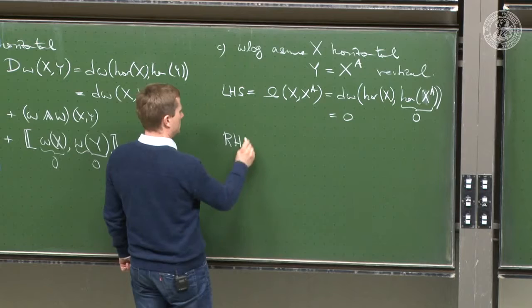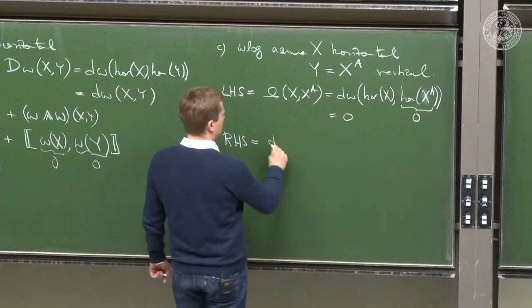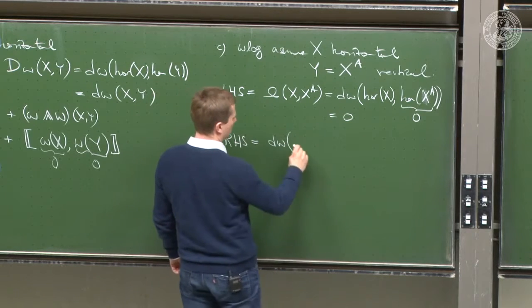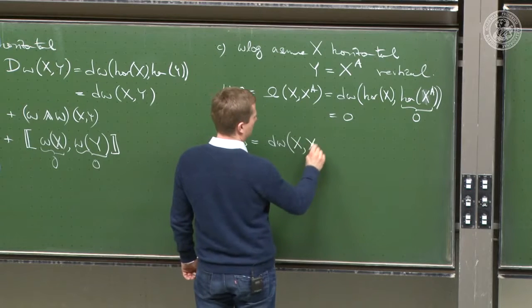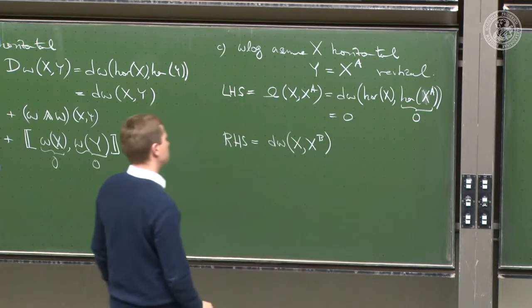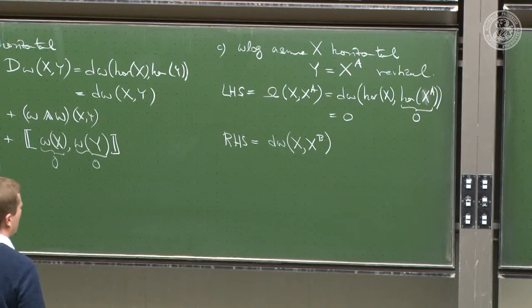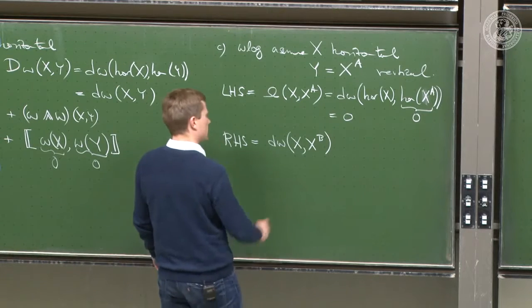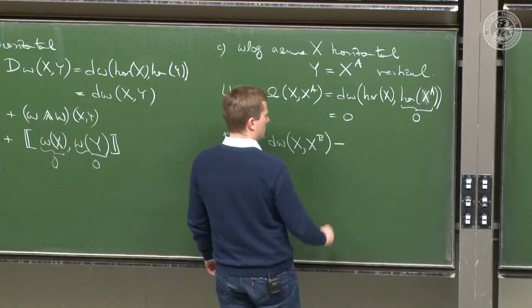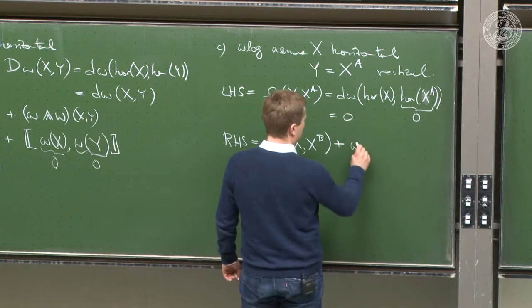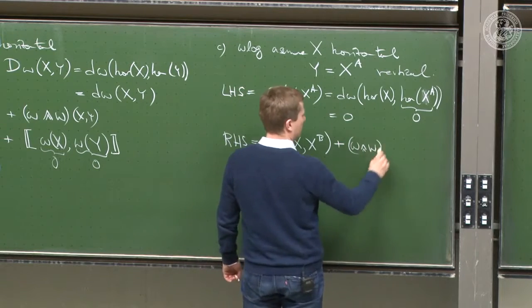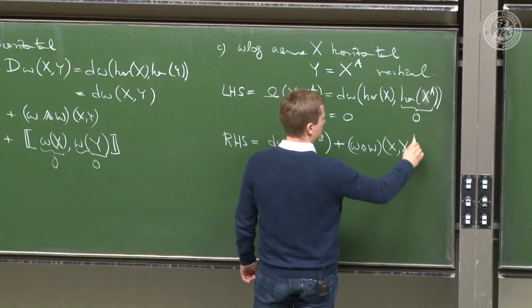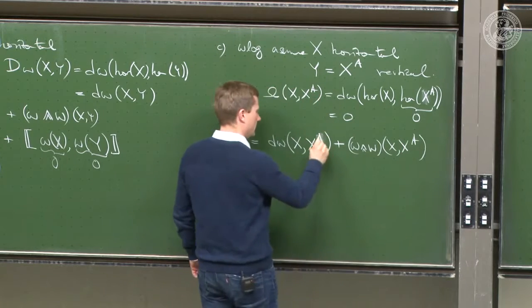And now the right-hand side is d omega of x comma XA. And yes, I think in this case we again have to expand this. And then there is a plus omega wedge omega of x and XA here.